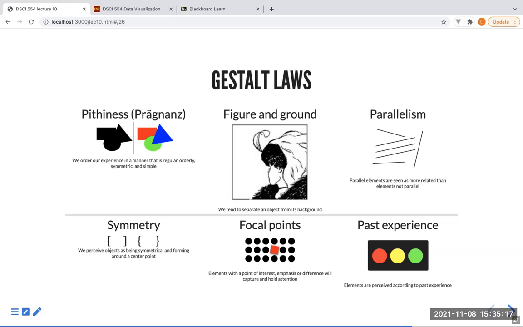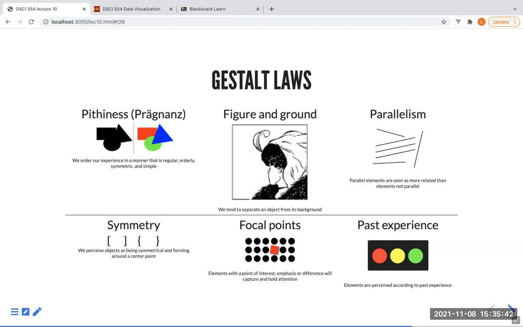So these three lines here seem to relate to the same object, even though there is no object there, but that's how we perceive it. Symmetry, we usually like things that are symmetric, and we usually think that there is some center that needs to be there. So here is a simple example.